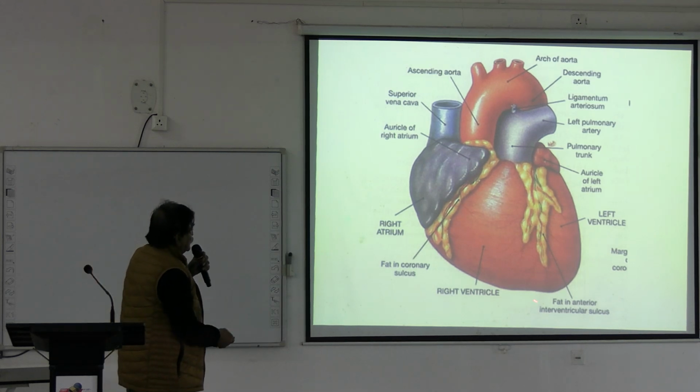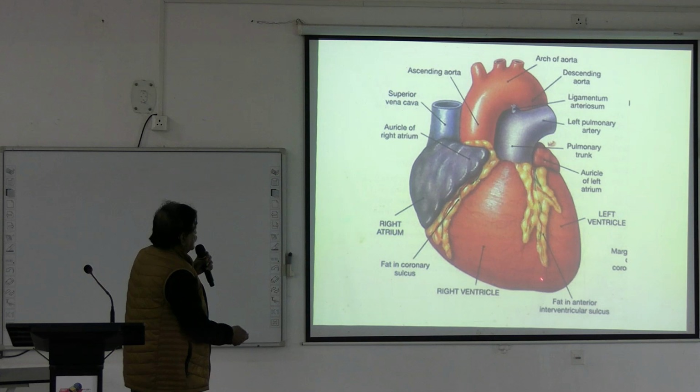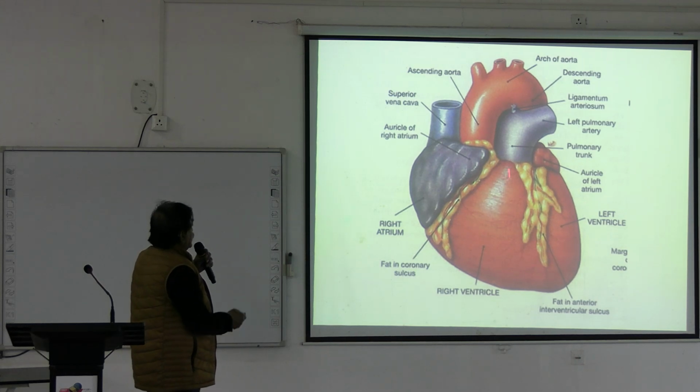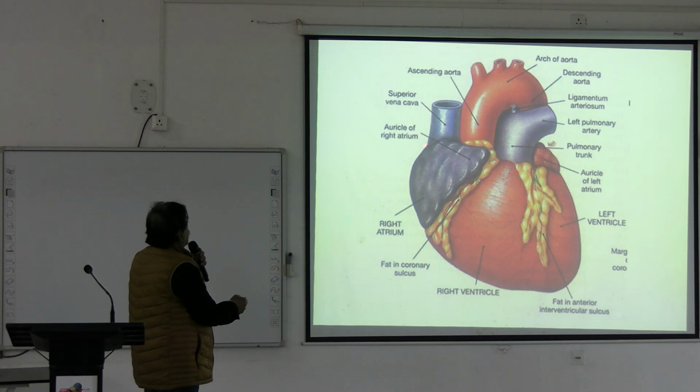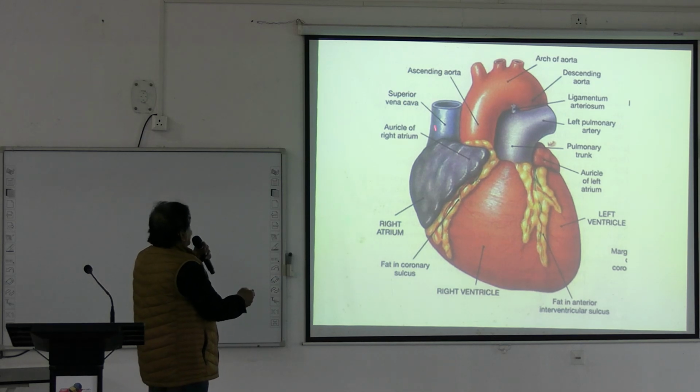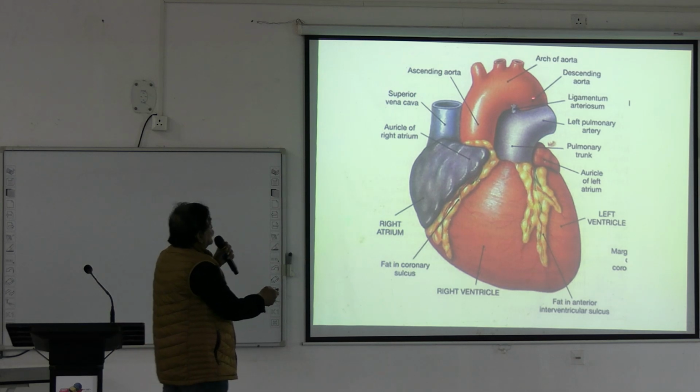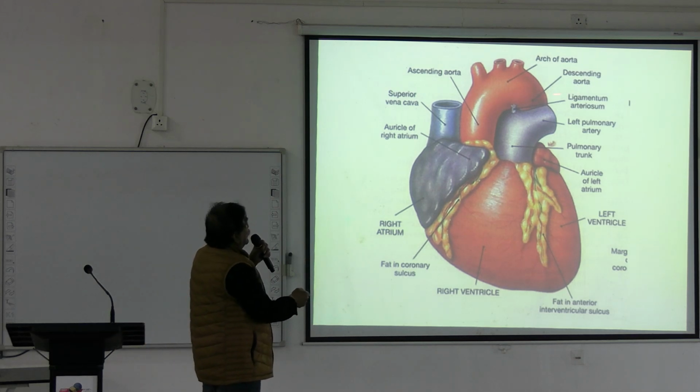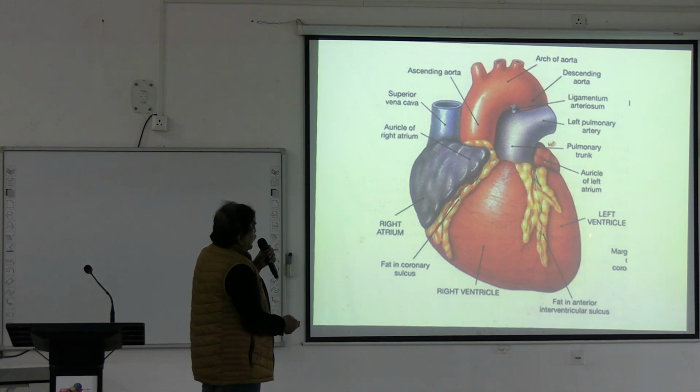These are the fat in the anterior interventricular sulcus, the left ventricle, the right atrium, right auricle of the right atrium, superior vena cava, ascending aorta, arch of the aorta, descending aorta, ligamentum arteriosum, left pulmonary artery, pulmonary trunk, and the auricle of the left atrium.